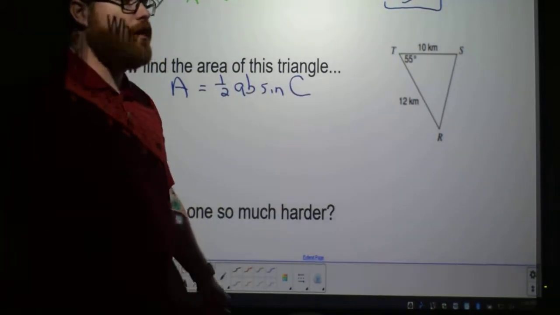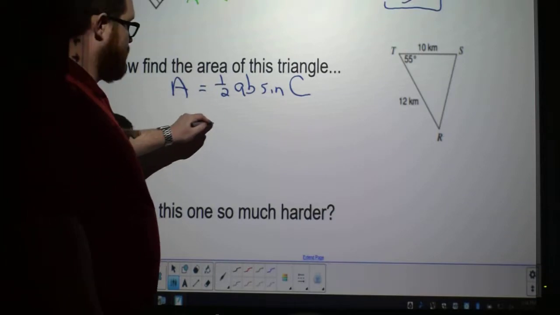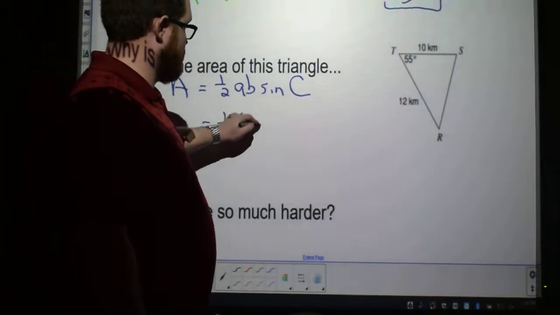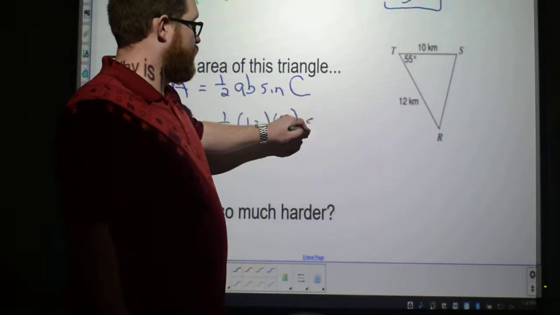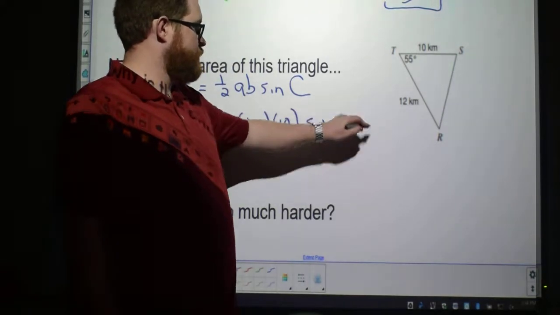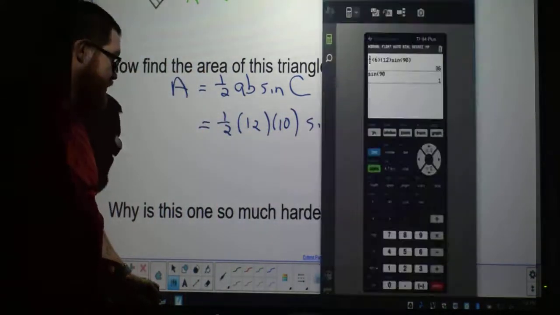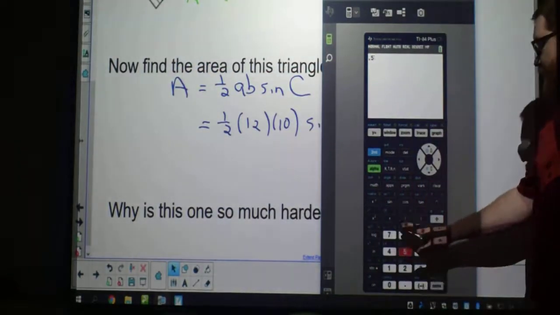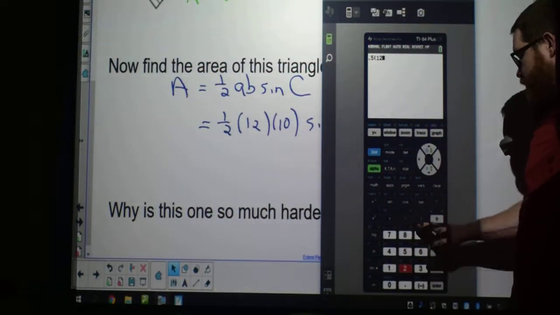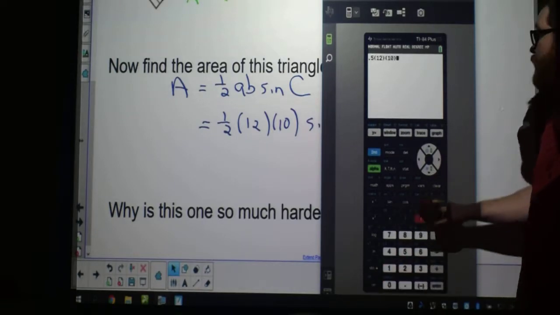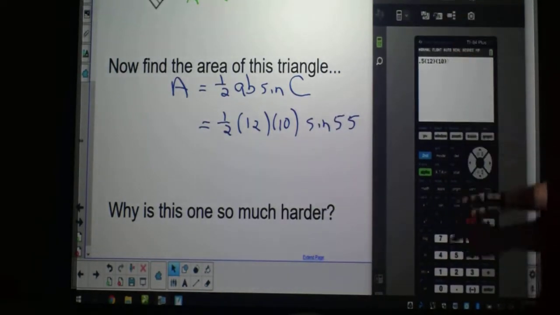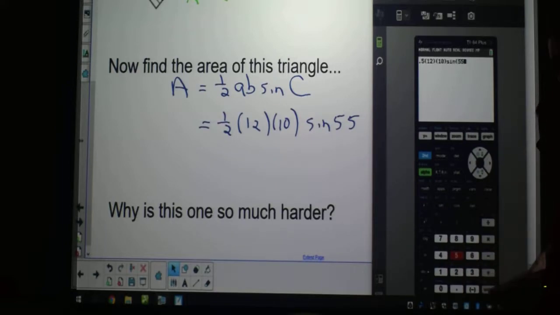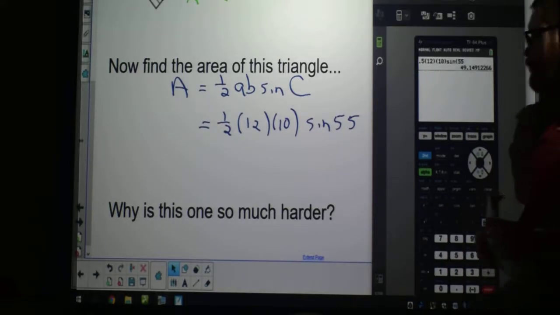It doesn't matter what you call A, B, and C, as long as it's two sides and the angle in between them. So if I type that in my calculator, I'm going to use 0.5 for 1/2, which is faster. 12, 10, and sine 55. 49.149.